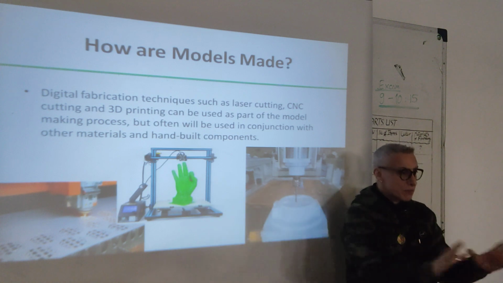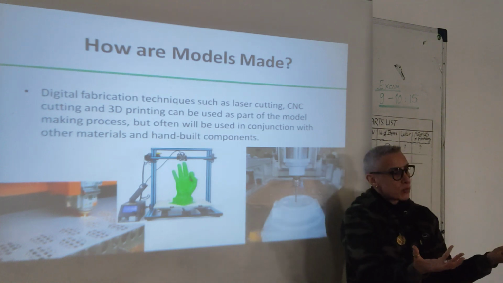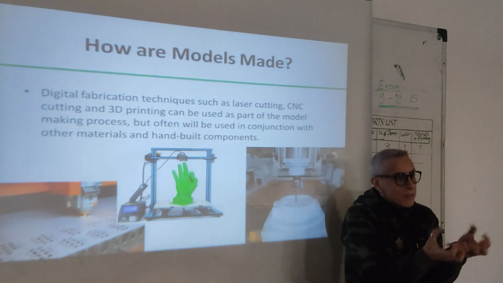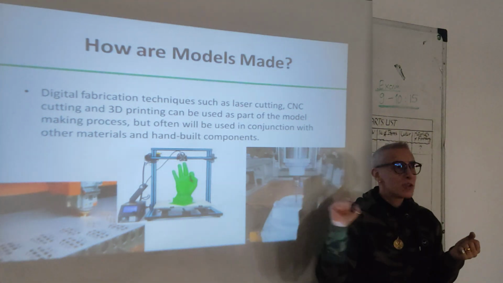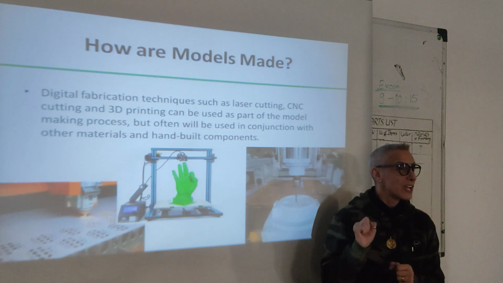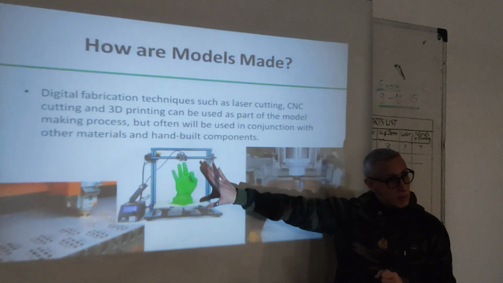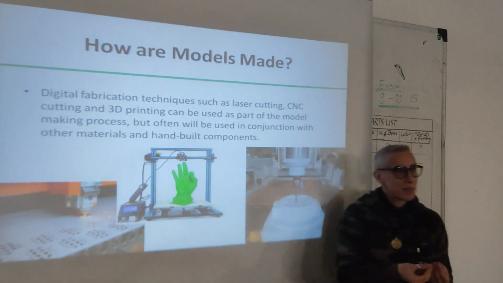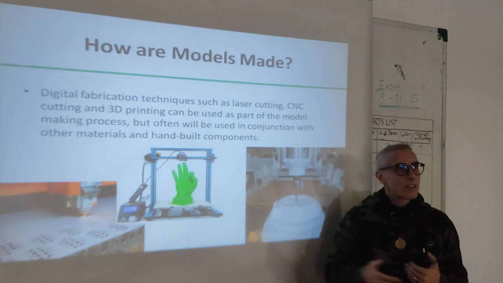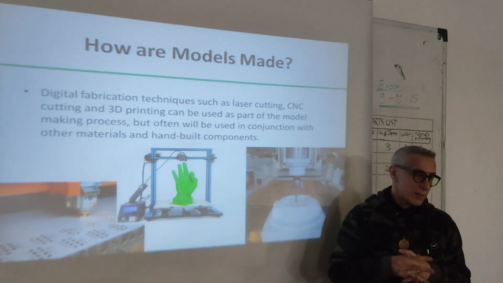Okay? So you have a file on the computer and you need to see it. Okay, I can see it on the computer, but I can't touch it. I can't feel it. So you just press print, go to the printer, and it prints me a model. Okay? The problem with this is it's a bit expensive for now. If you buy this material for the printing, it's a bit expensive. That's its drawback.